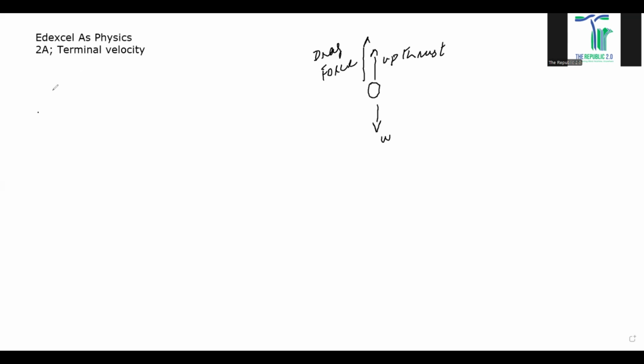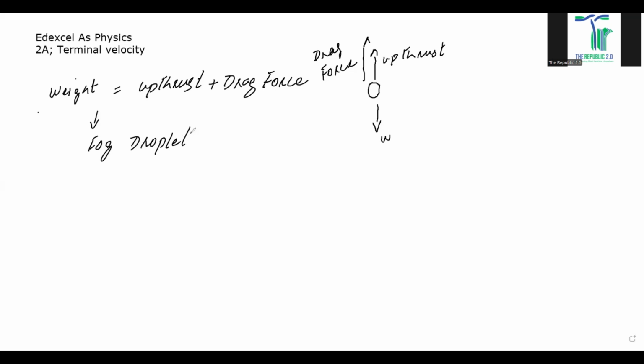When the weight is equal to the sum of the upthrust and the drag force, the body, in our case the fog droplet, would start moving downwards with a uniform or constant speed.